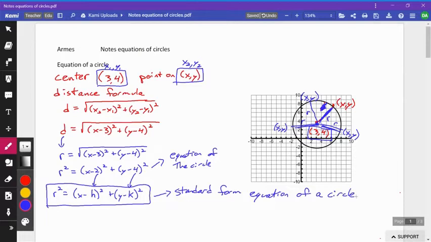And that is what we're going to use when we graph a circle or find the radius or the center of a circle.